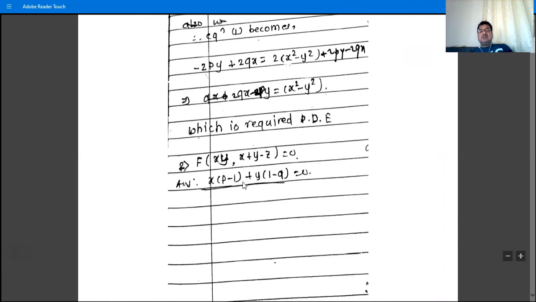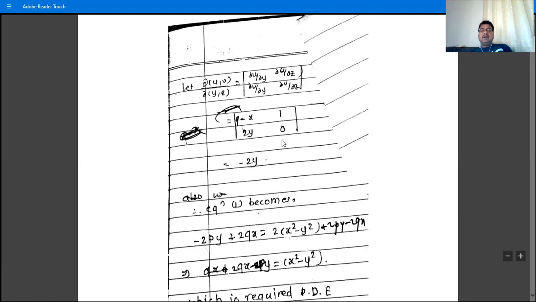So in the next topic, it is given that 2qx minus 2py is equal to x square minus y square. This is the given partial differential equation, and we have to find its solution.